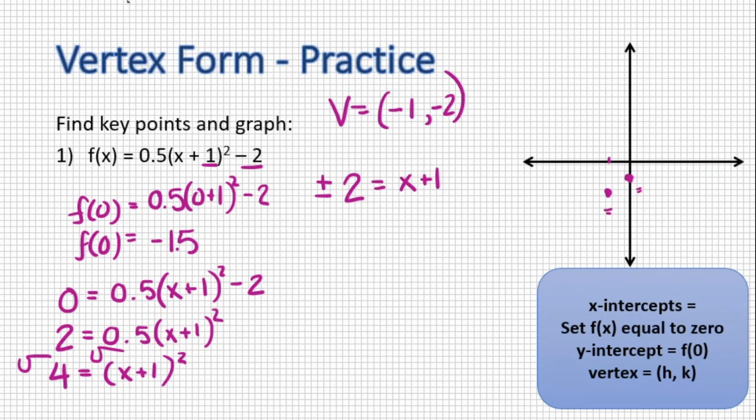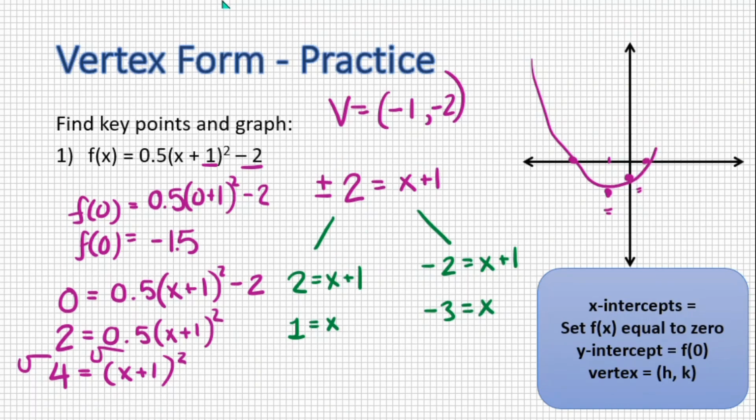And this tells me I can split into two equations: 2 equals x plus 1, or -2 equals x plus 1. Rearrange. For the first, it'll be 1 equals x. And for my second one, it'll be -3 equals x. Those points are going to go on my graph. x equals 1, and x equals, let's say, -3. And we kind of get a slightly fatter parabola, which doesn't connect the dots, apparently.